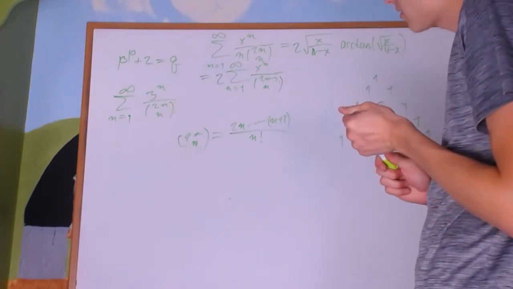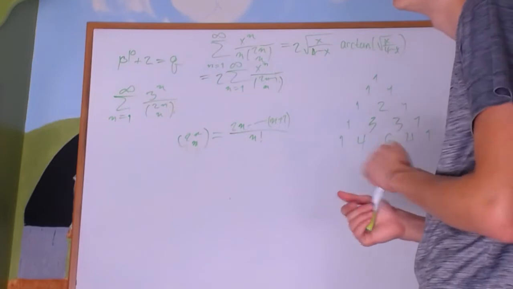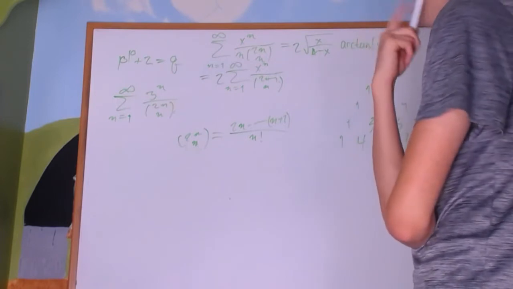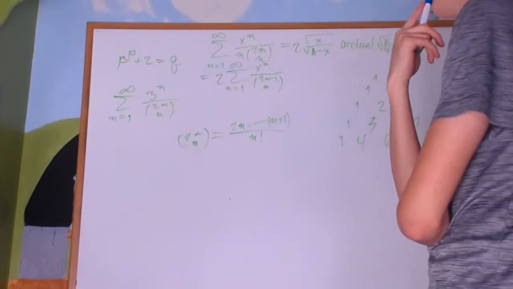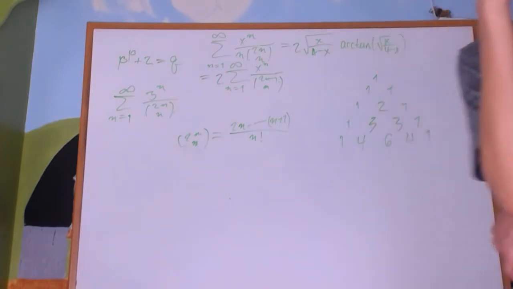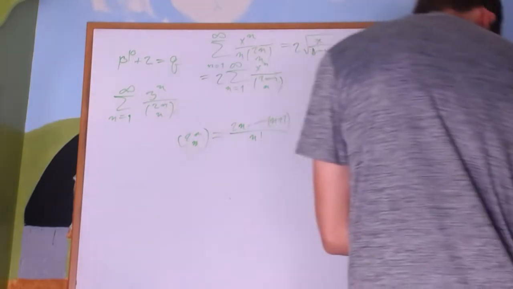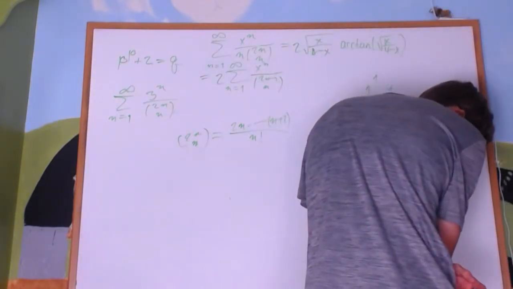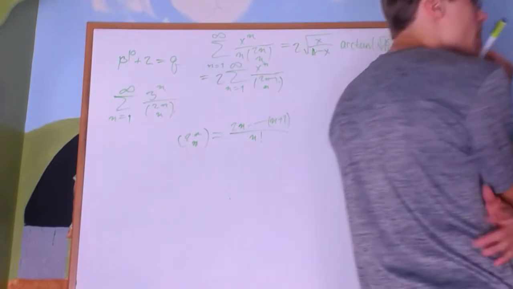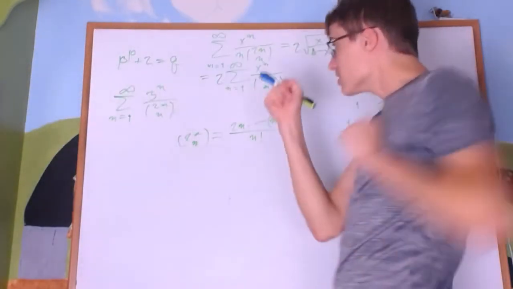Alright. 2n choose n, it's gotta be like something stupid. You'll realize it's so obvious. Okay.